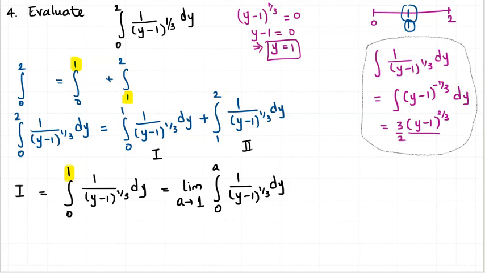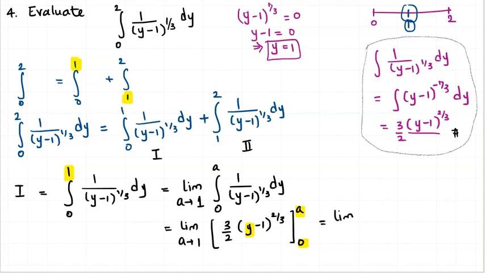And the value of this integral from here, we'll use it. So this gives you limit a approaches 1, 3 by 2, (y minus 1) to the power 2 by 3, from 0 to a. Then what you'll do here is change y, first by a and then by 0.